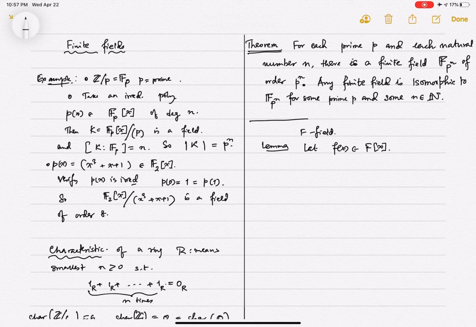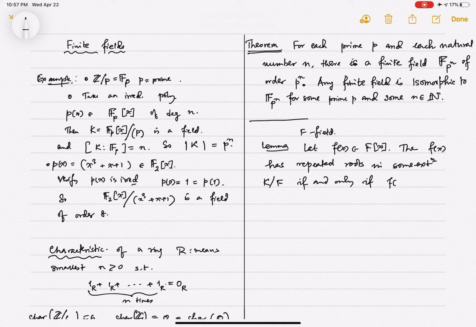A polynomial f(x) has repeated roots in some extension K of F if and only if the polynomial f(x) and its derivative polynomial f prime of x are not relatively prime in F[x], so they have a common factor.